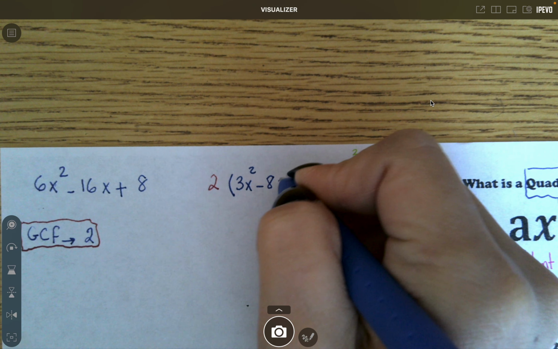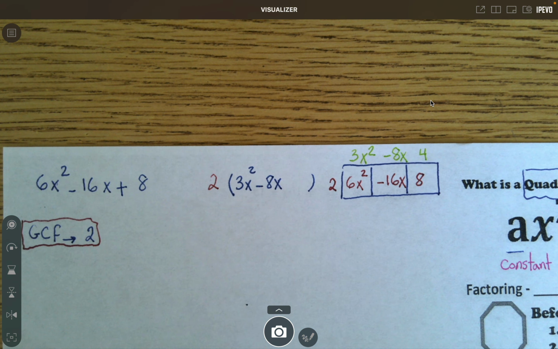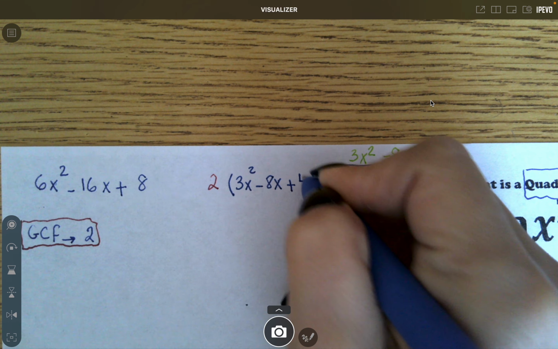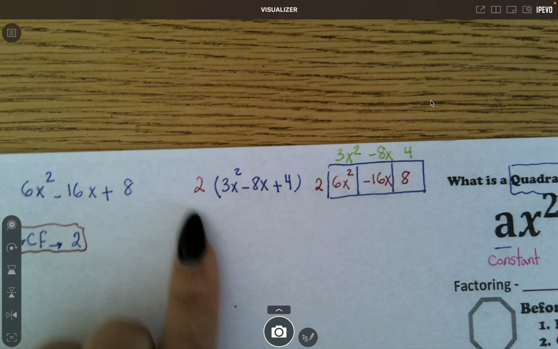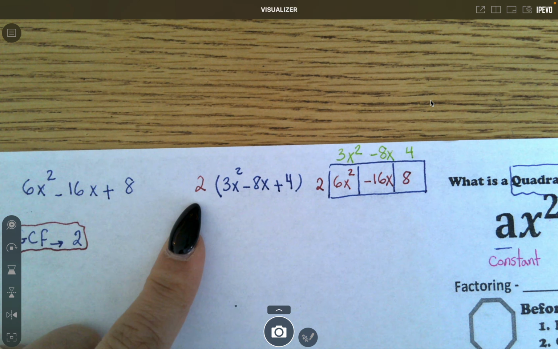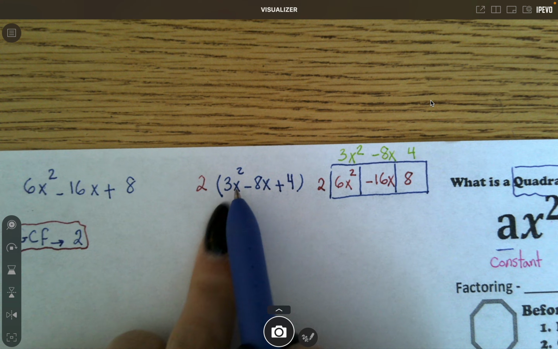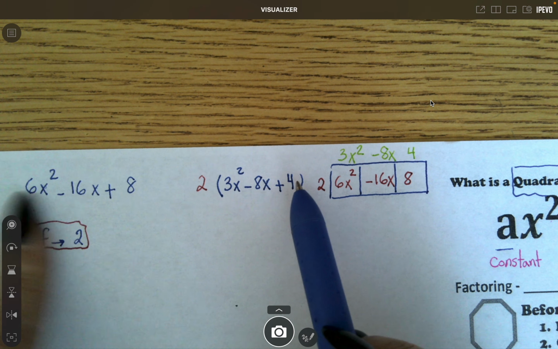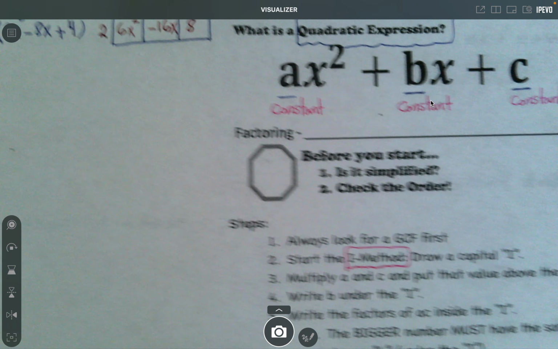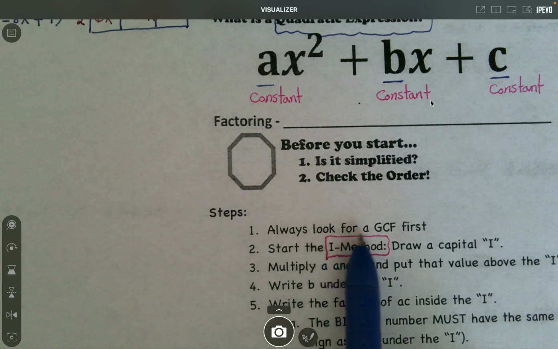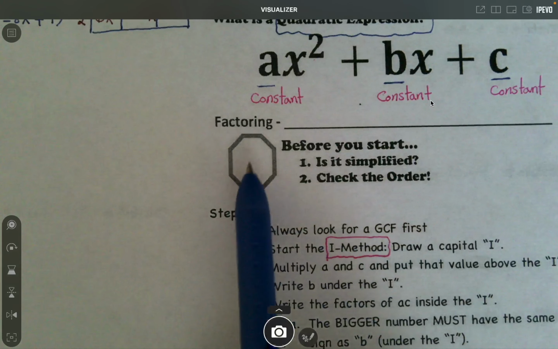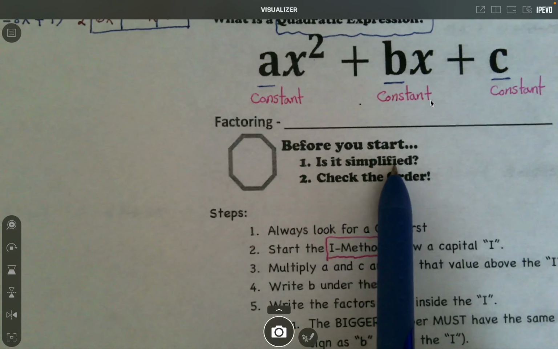Minus 8x plus 4. Okay. So that's my GCF, and that's my factor. So I factored 2 out of my expression. That's what it says over here. Always look for a GCF, and that means we simplified it. Okay?